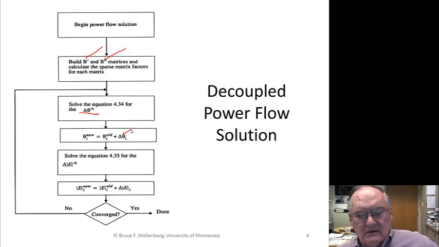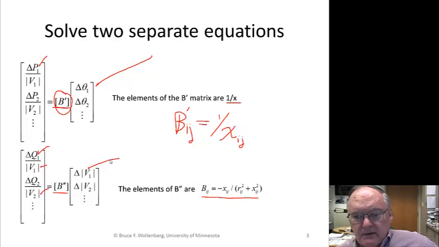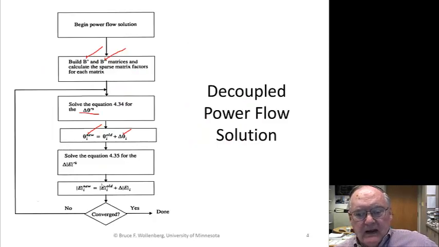You take the delta thetas and you update and you get a new theta, recalculate the Q terms and get the new delta Qs, and then you go back and you calculate the inverse of this and get the new delta V, and then you update that. This figure shows E in here, and it should be V's.